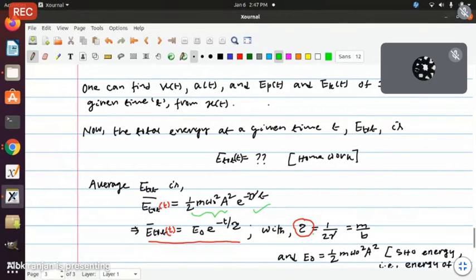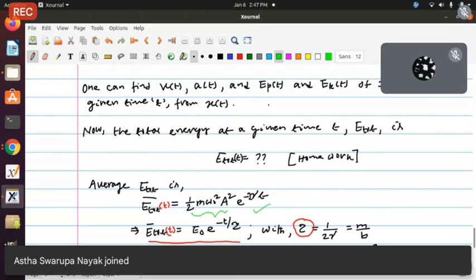What is tau? Tau is 1 over 2 gamma. What is the value of gamma? 2b over m. So tau will be m over b. So what we can see is that the average energy of the damped harmonic oscillator, when it performs underdamped motion, will have energy E naught, and the energy will decay exponentially by this relation, e to the power minus t over tau.